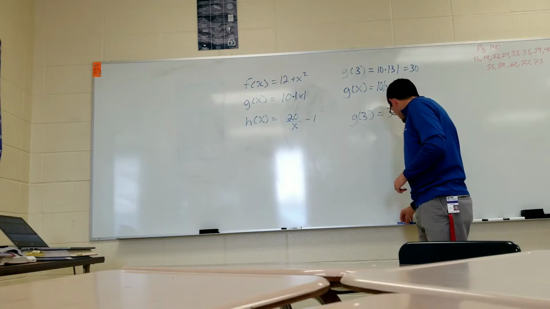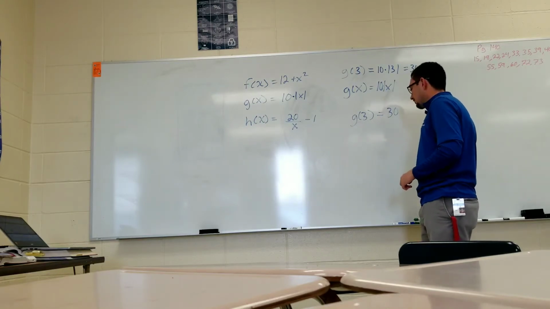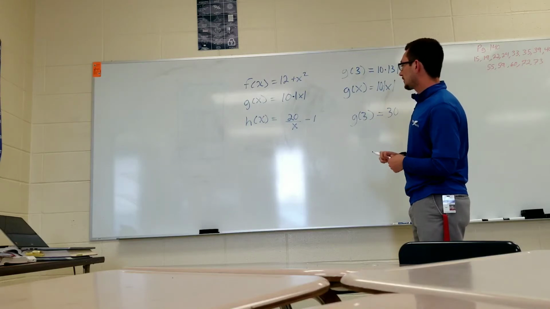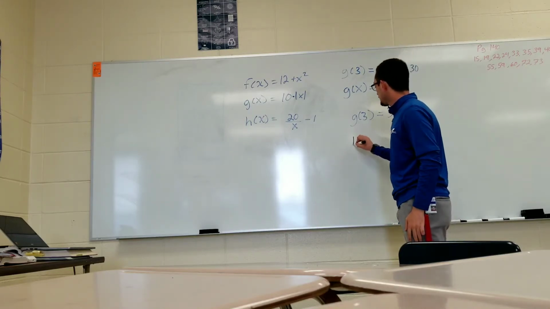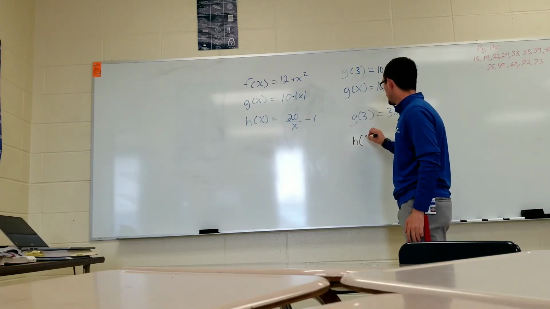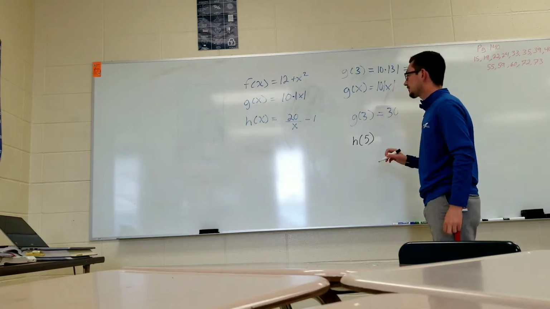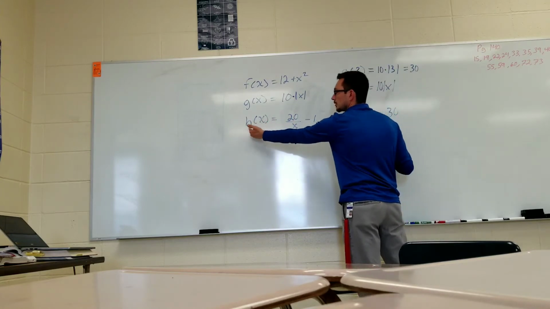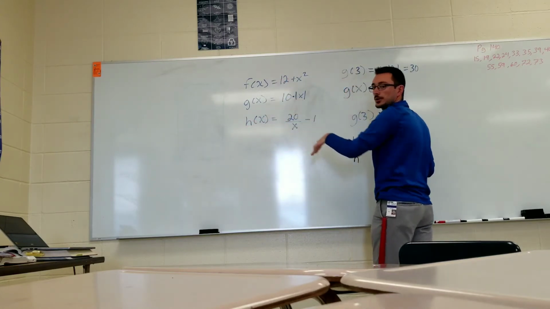Let's go with a different color to help keep it apart. Let's say I also had h of 5, for example. Pick one that works nicely. Originally, that would tell me to go to this function over either of the other 2.